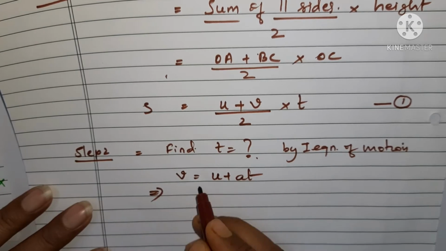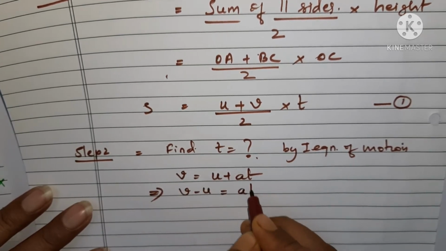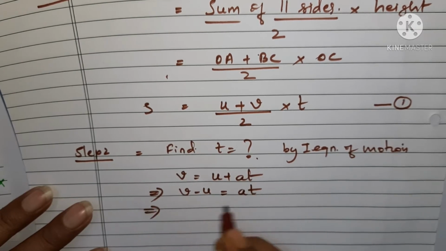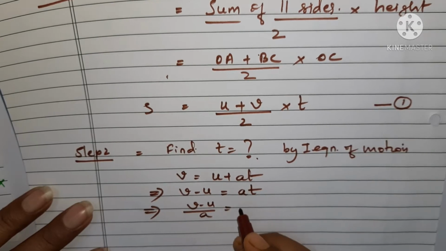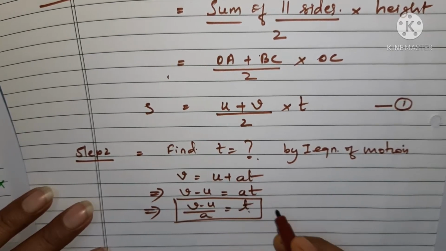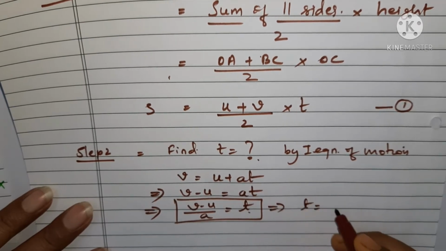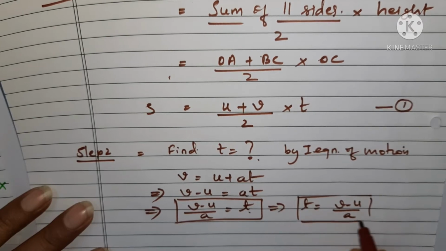So V minus U is equal to AT. This implies T is equal to V minus U upon A. So this value of T, you can write it like this also: T is equal to V minus U upon A. The same thing, I have just interchanged the sides.